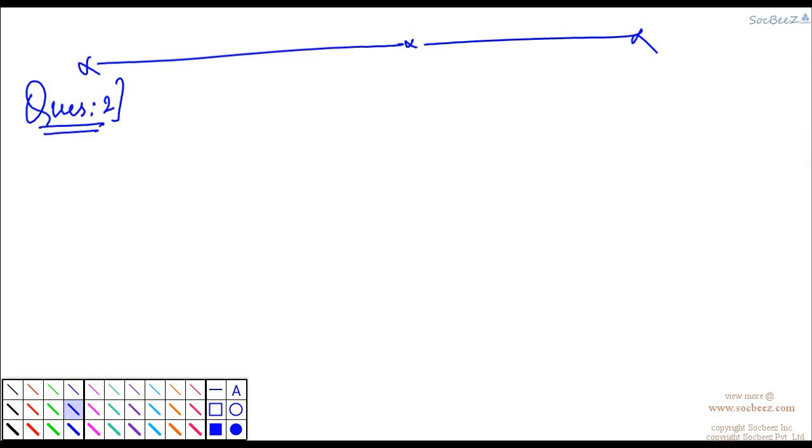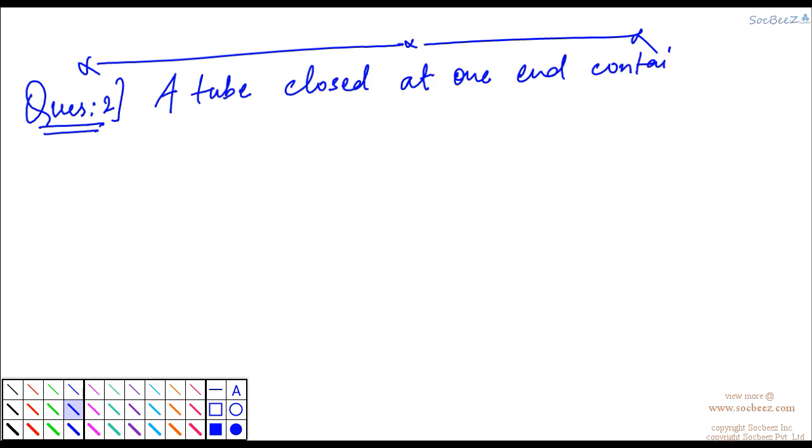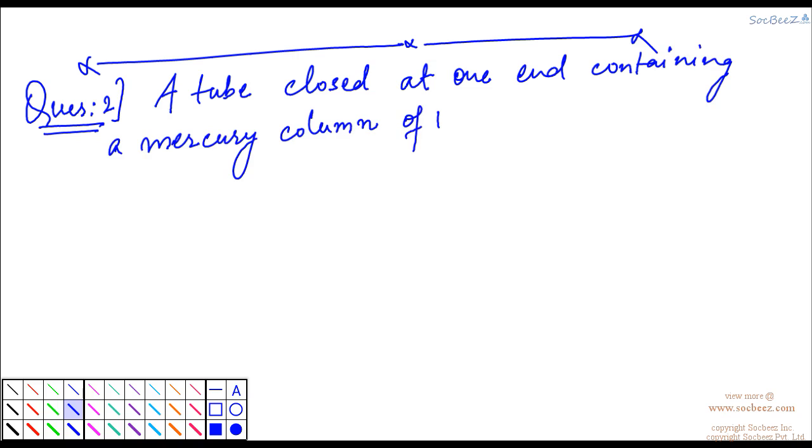Let's do another question which has a tube closed at one end containing a mercury column of 15 centimeter length inside it.